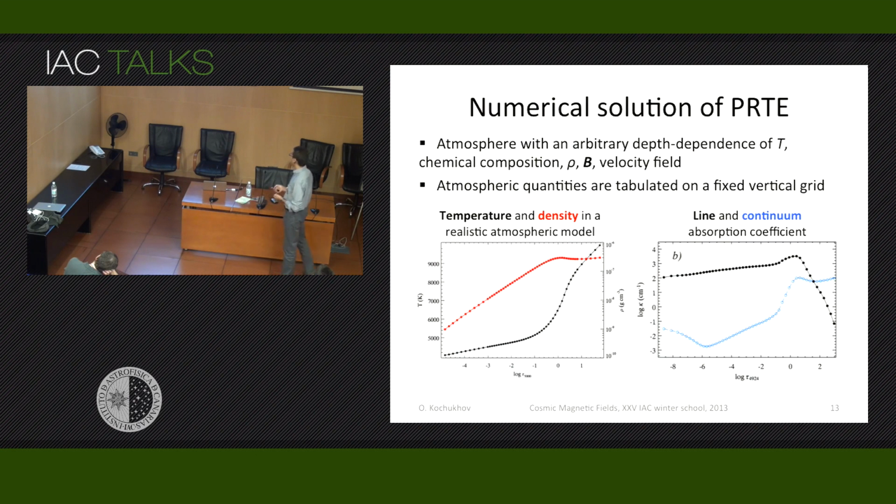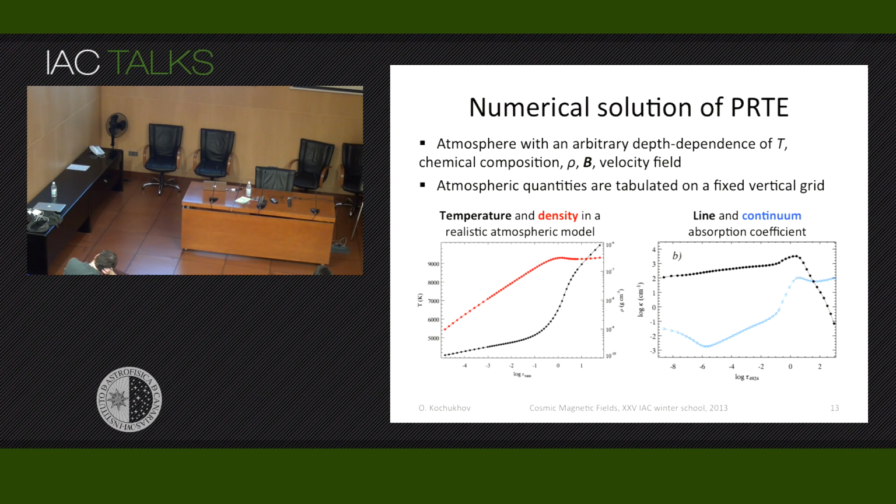Typical situation is when we have atmosphere specified on the grid of certain reference continuum optical depth, in this case continuum at 5,000 angstrom, and this is logarithm of the optical depth, so it goes from around +2 to -5, -6, and this is black is temperature, and red shows the density in this atmosphere. So this is just taken from the grid, which is used very widely in stellar research. Here we have about 4 points per decade of change in log tau.